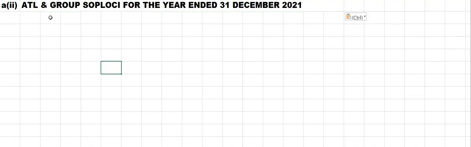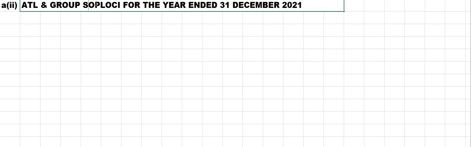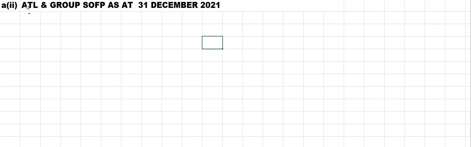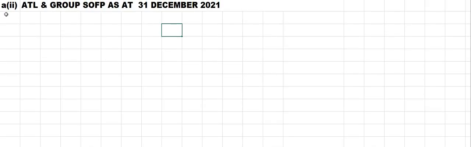So this is my second page, ATL group, statement of financial position, as at. I'll use this for the statement of financial position.